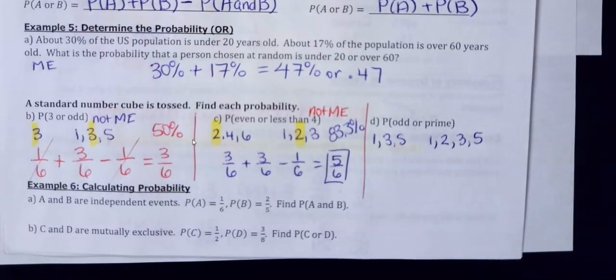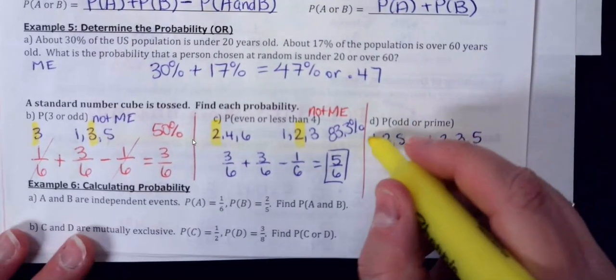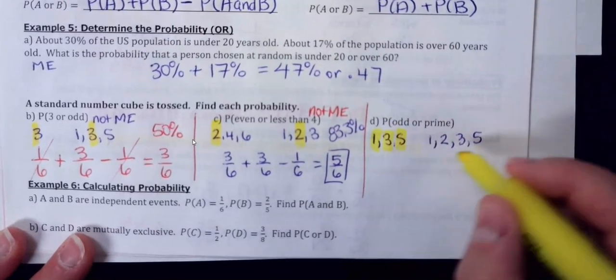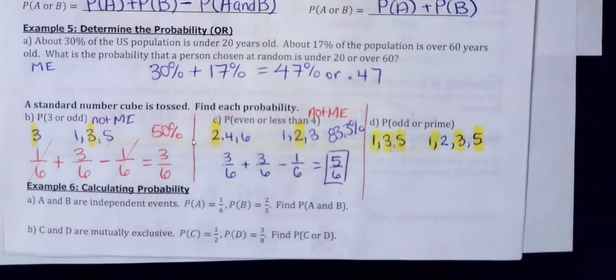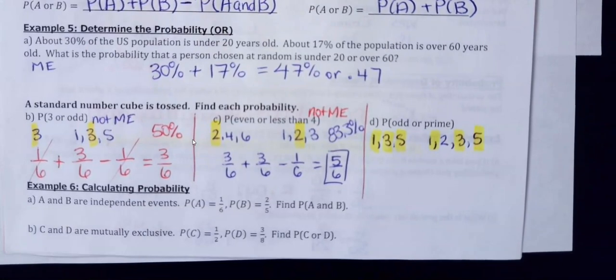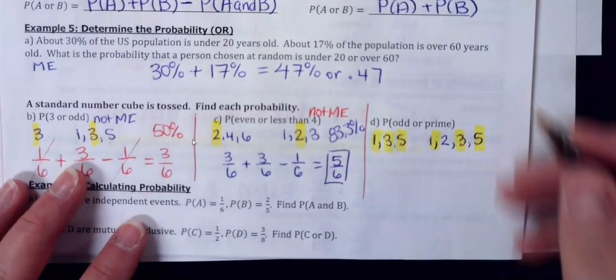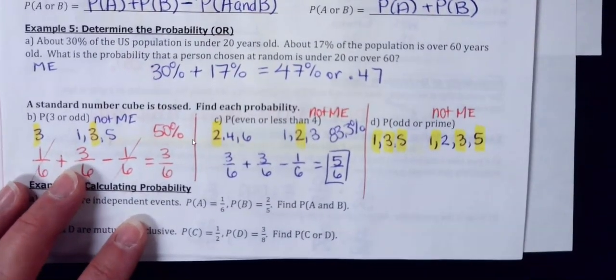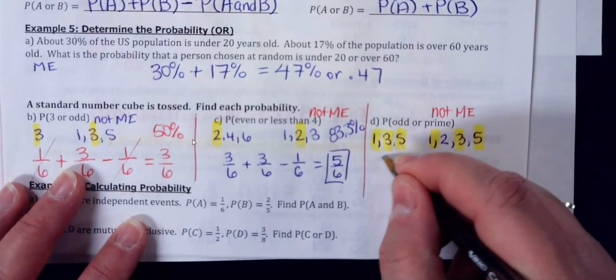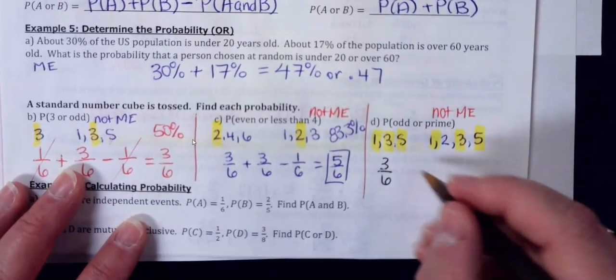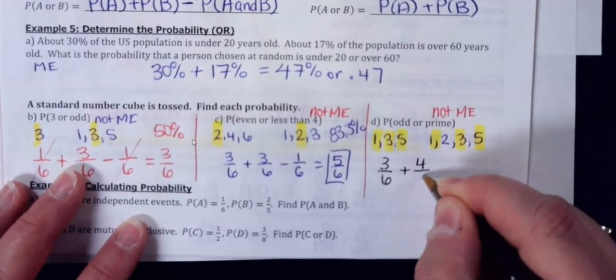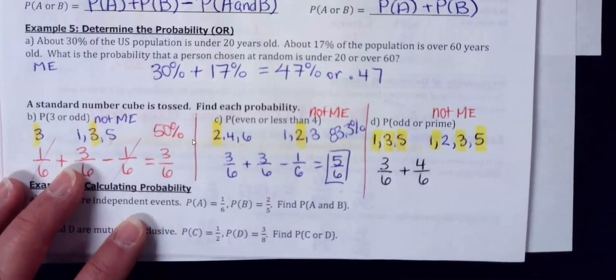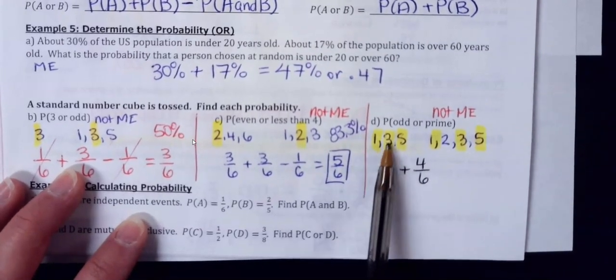Okay, now, if you guys see here, this is for sure not mutually exclusive because 3 of those numbers, the 1, 3, and 5, actually fall into both of those categories. So this is for sure not mutually exclusive on this question here. Okay, now, this would be 3 out of 6. Prime number would actually be 4 out of 6, but I counted the 1, the 3, and the 5.